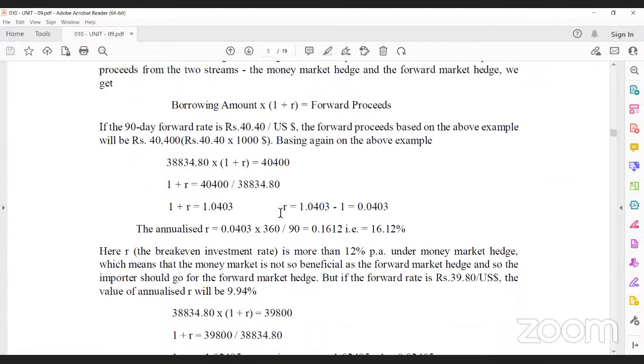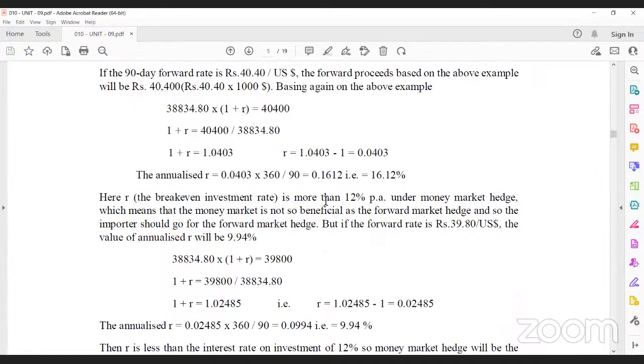Using this, we end up getting 16.12%. Here R, the break-even investment rate, is more than 12% per annum. The calculated R is 16.12%. Under money market hedge, the money market is not so beneficial.